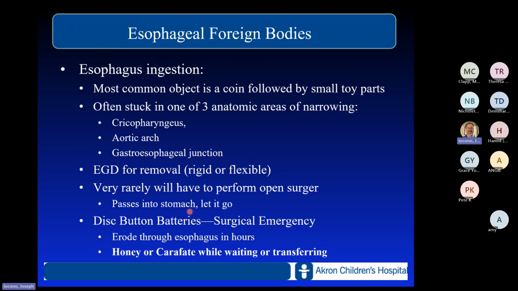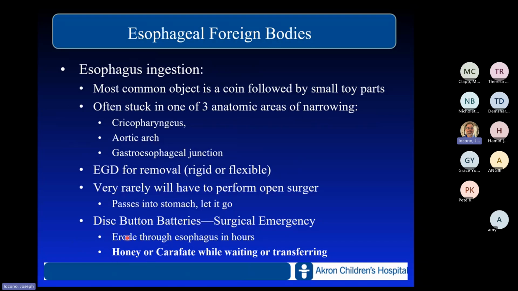Disc button batteries are getting a lot of press. And actually, on my CME this year, there have been at least 3 questions about disc button batteries. If the disc button battery is in the esophagus, it is a surgical emergency. It can erode through the esophagus in a few hours, and I've seen it.